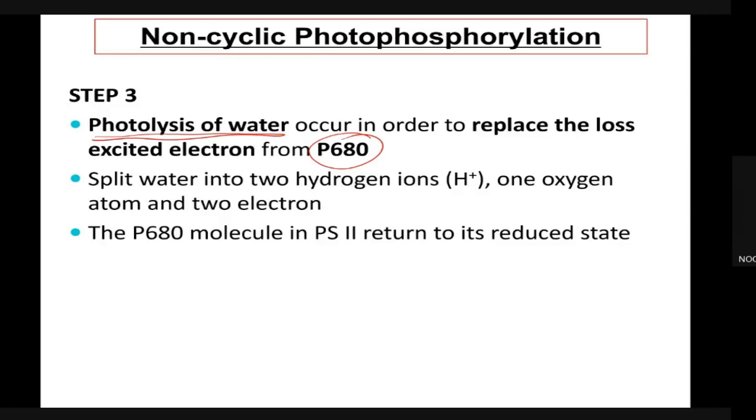During photolysis of water, water will be split into hydrogen ion, oxygen, and electron. Once the electron is replaced, the P680 will return to its reduced state.